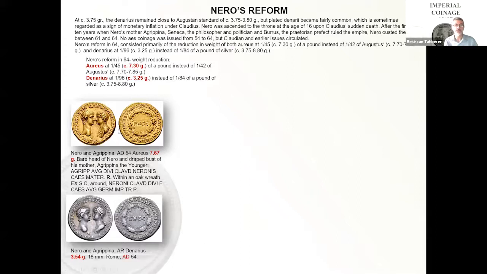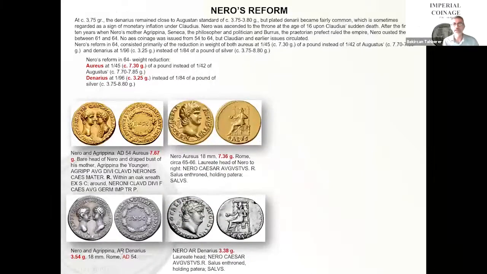So when he first started, the aureus was between 760 and 780, and the denarius was around 354, and with the revision, the reduced weight came, and the aureus was under 750, mostly 730, and the silver was under 330, mostly.